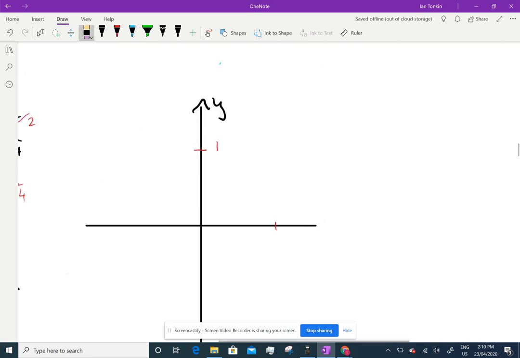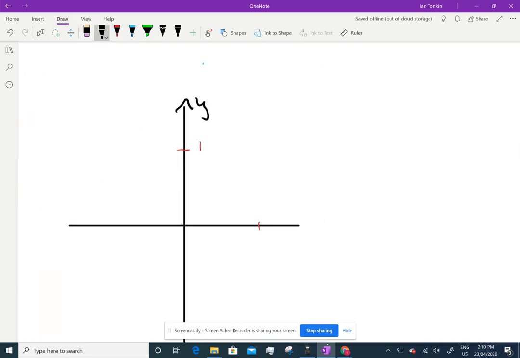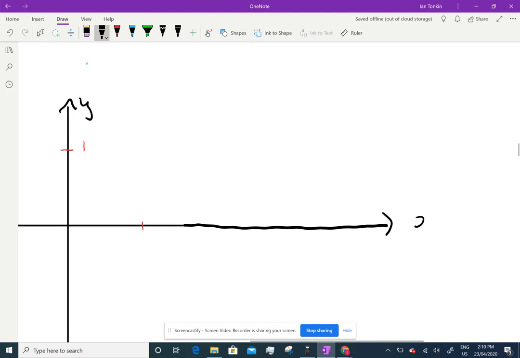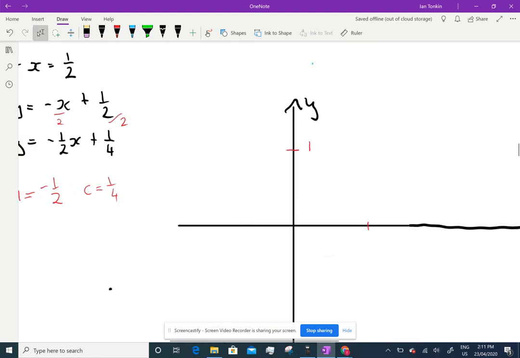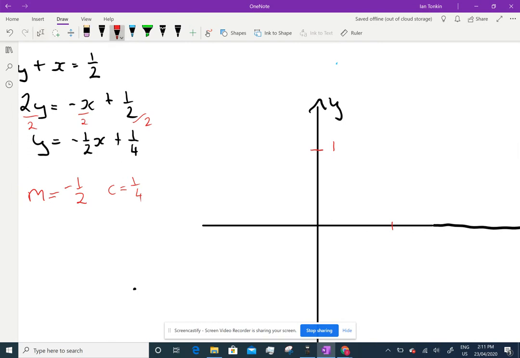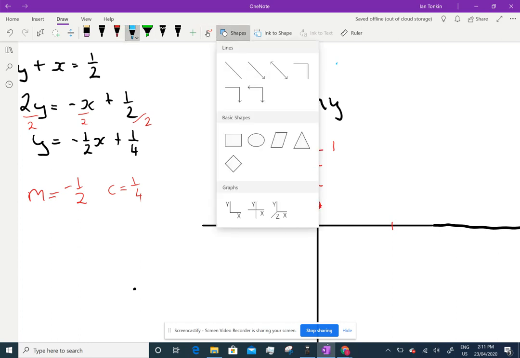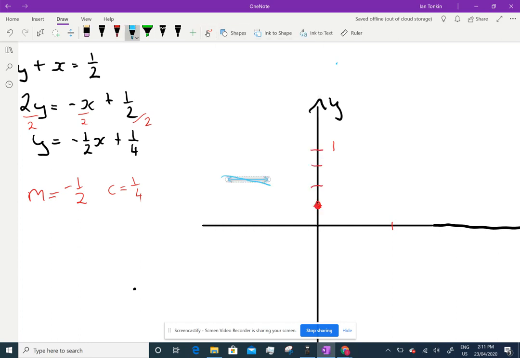I'll have to do it freehand. It'll probably go way over there, but let's see. So it goes through 1/4, 1, 2, 3, 4. So it goes through there, and it's pretty flat and it's going down. So let's draw this line.